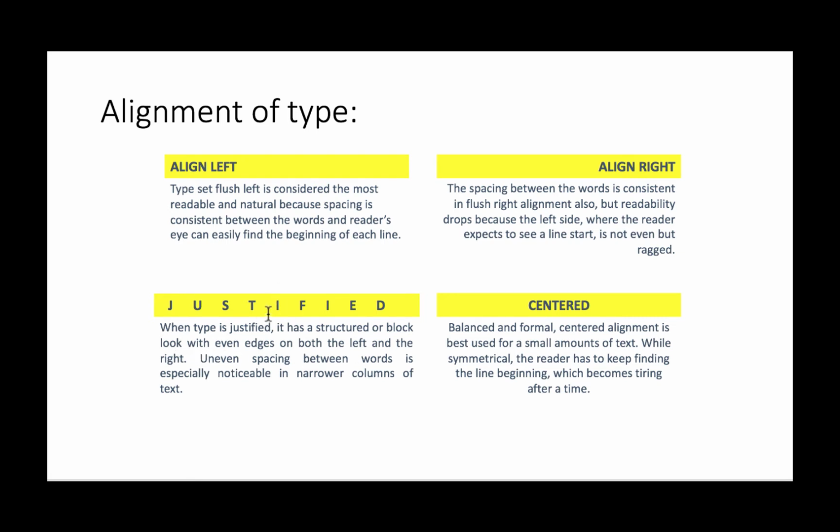It's especially difficult to read, so if we need to do justified text, it should be a very, very small amount of text. Also, you should do it in narrower columns. Can't say that word. Again, if you're going to make justified text, make sure your columns are pretty darn narrow. Don't do a big, thick, wide column and then justify it. That will just be unjustified.